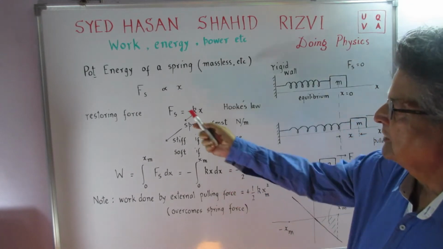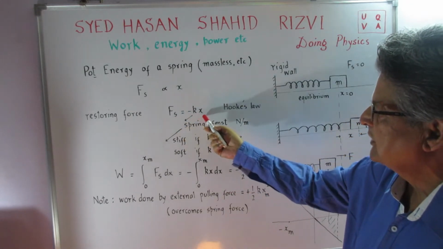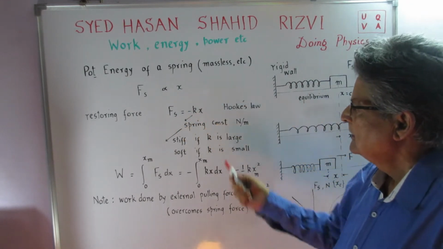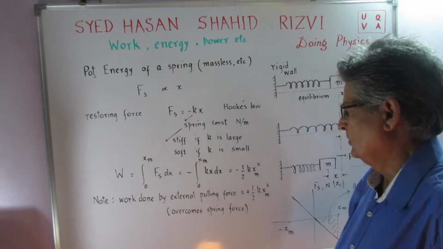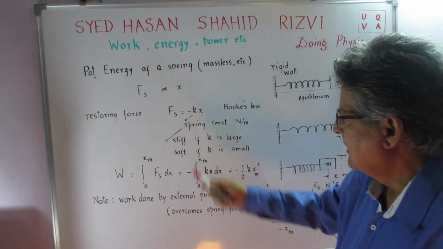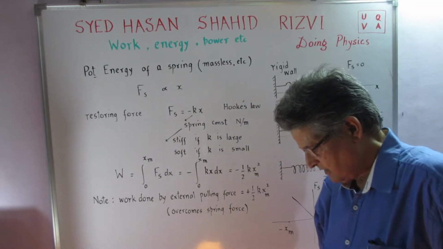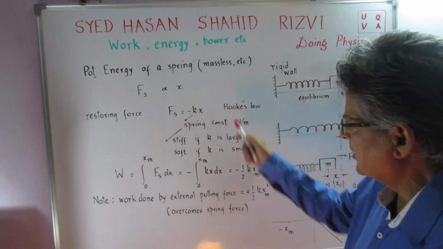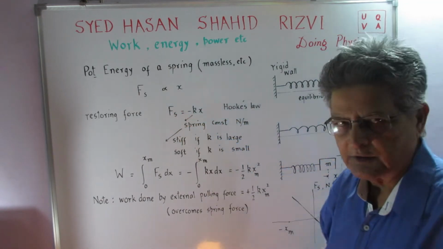And if for the same force the extension x is large, then k will be small, because there is a relation between k and x, that the product of these depends upon the applied force.